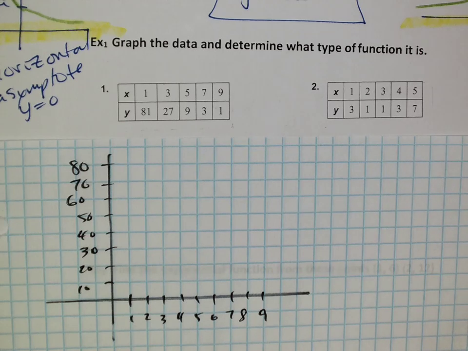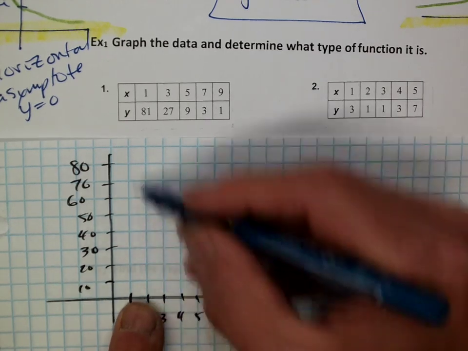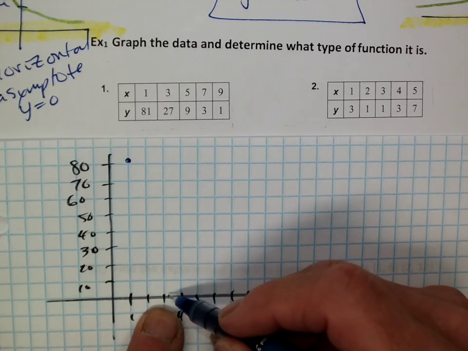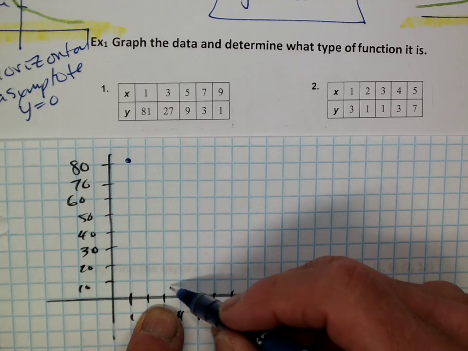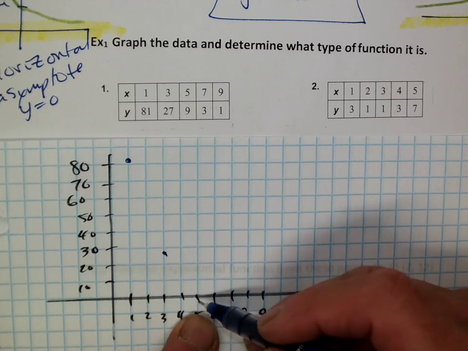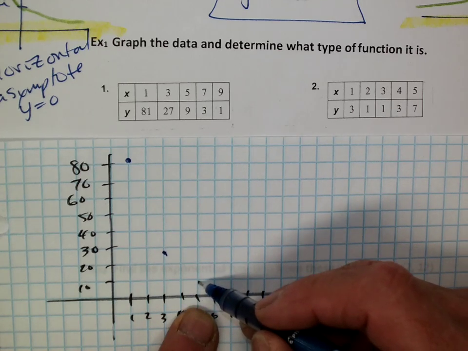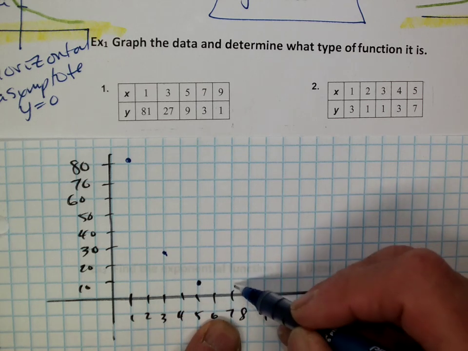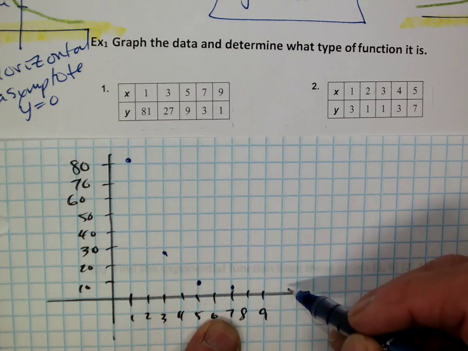So there's my data, and let me just do a dot to dot. At 1, I'm at 81. At 3, I'm at 27. At 5, I'm at 9. At 7, I'm at 3. And at 9, I'm at 1.